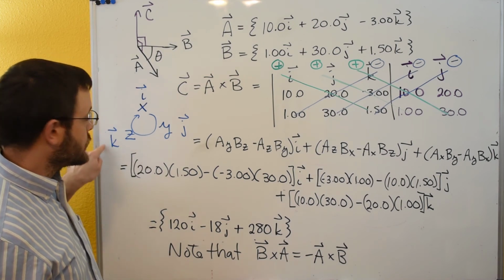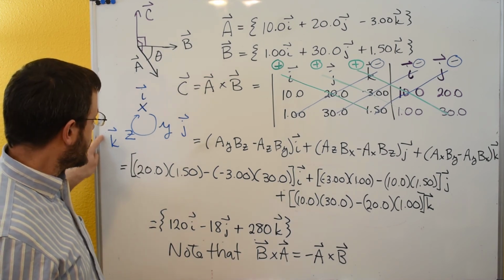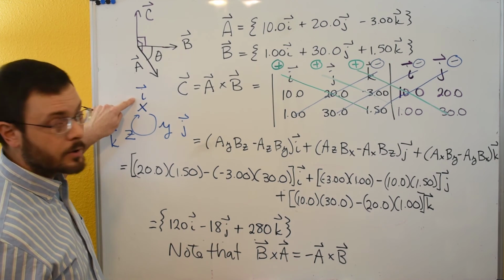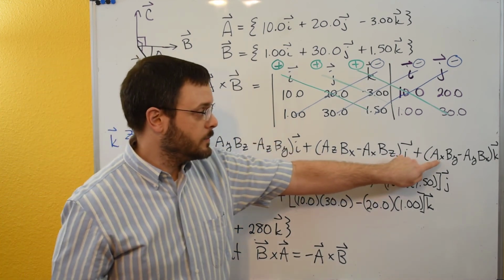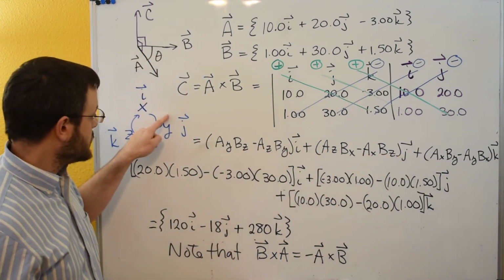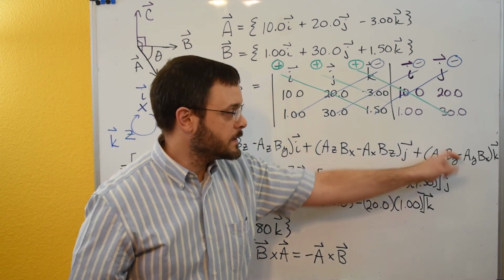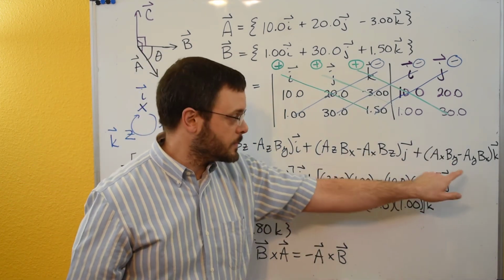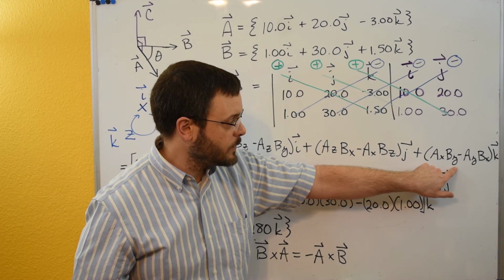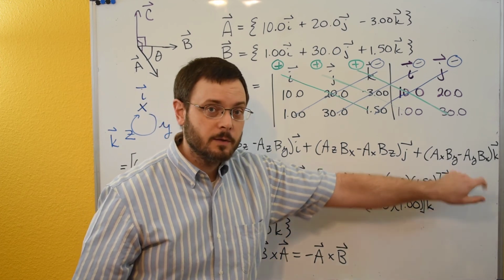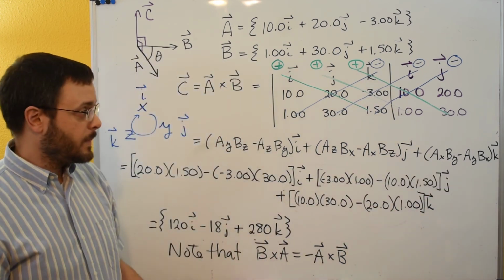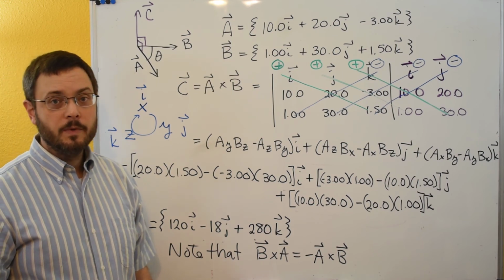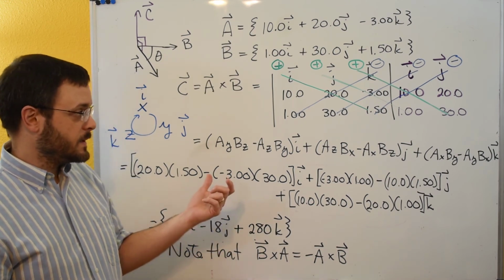Then looking at your k component here, go along to your next one, which would be your x, and so then it would be ax times by minus, and then just flip the subscript. So it'd be ax times by minus ay times bx. So once you see the pattern in it, this equation really isn't as bad as it looks.